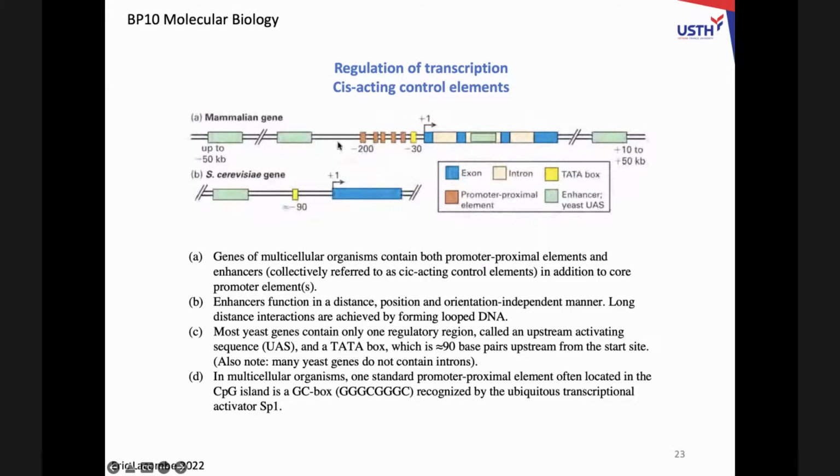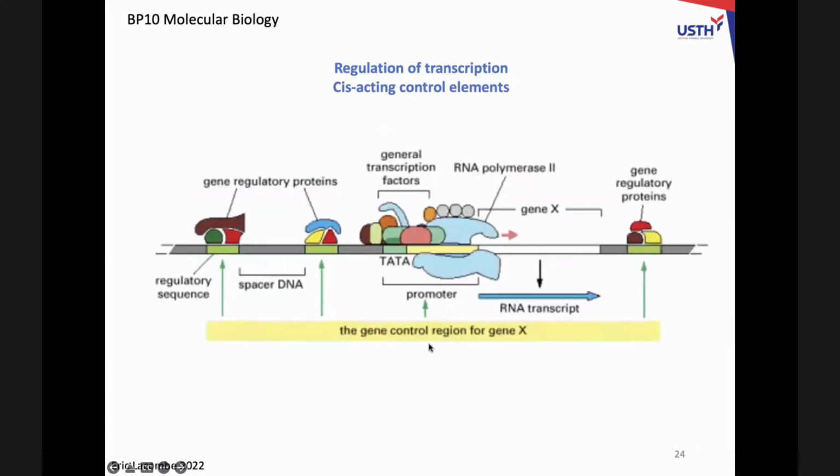We are going to see how we can study the cis-acting elements, the bits of DNA responsible for activity of the promoter, and the trans-acting elements, which are the transcription factors specific to one set of genes. So, the topology is like that.